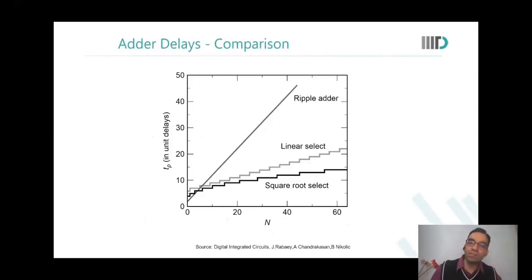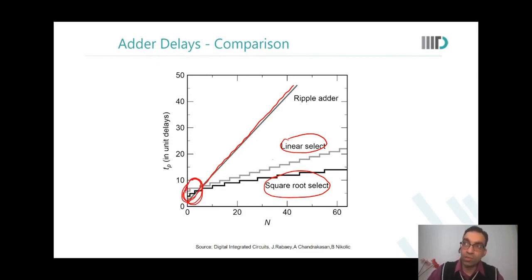And this is how the delays change. See, this is ripple carry, this is linear select, and this is the square root select that we just did. So you will not see much difference at the lower number of bits.